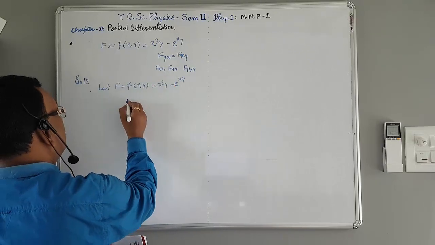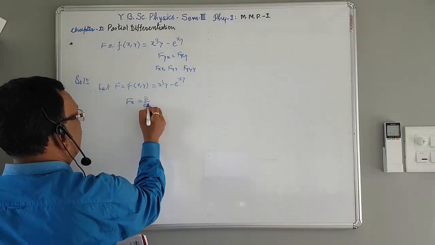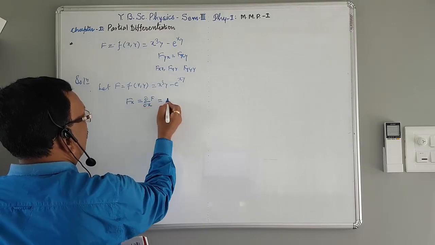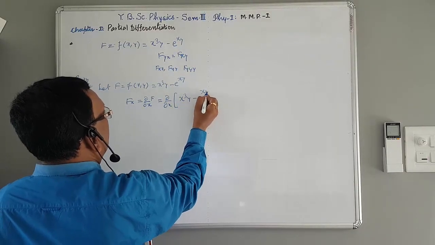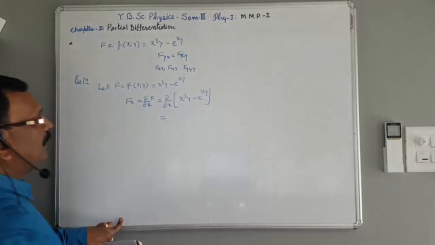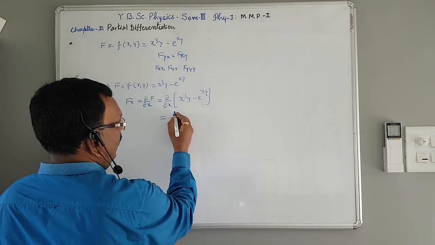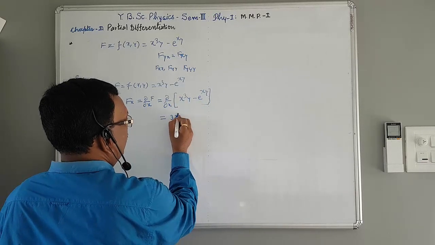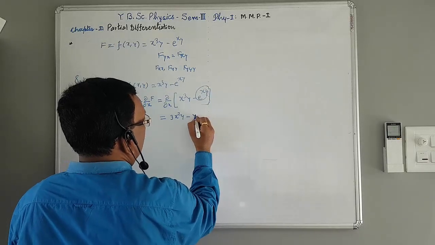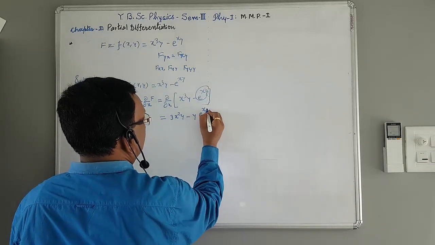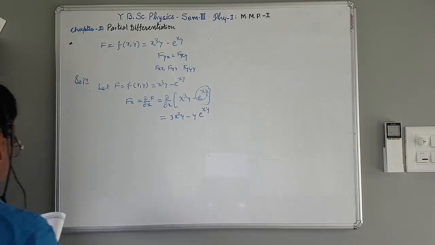First of all we have to find the first order derivative, that is, differentiate the function with respect to x, that is ∂/∂x of f, or simply ∂/∂x of (x³y − e^(xy)). Differentiating this equation, the derivative of the first term with respect to x is 3x²y minus the derivative of this term, y times e^(xy).